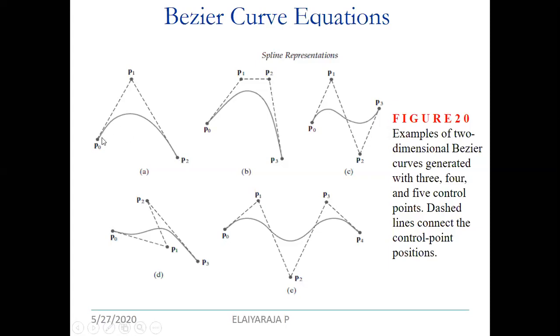So the journey starts at u equal to 0 and ends at u equal to 1. Between that, you can ask, suppose, what is the pixel coordinate value at u equal to 1 by 4, at u equal to 1 by 2, and at u equal to 3 by 4.